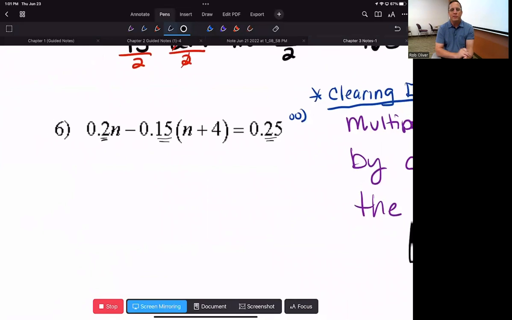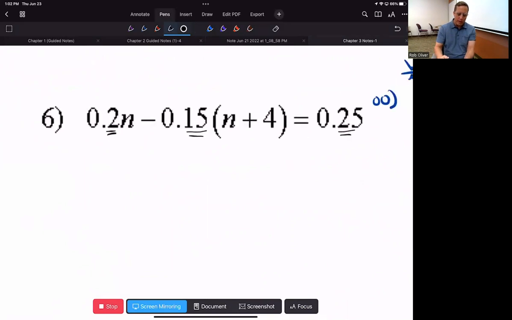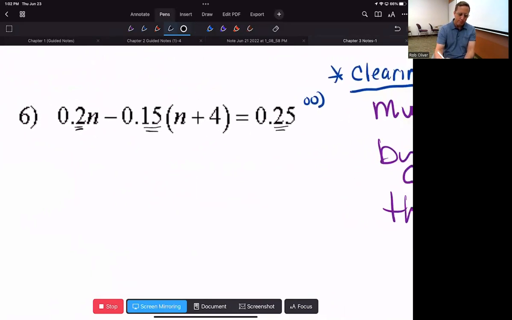So the decimal that has the most digits is going to tell you what to multiply by. Multiplying by a power of 10 just moves the decimal. If we multiply by 10, we move the decimal over one place. If we multiply by 100, we move the decimal over 2 places. So 1, 2. So we're going to multiply every one of these by 100.